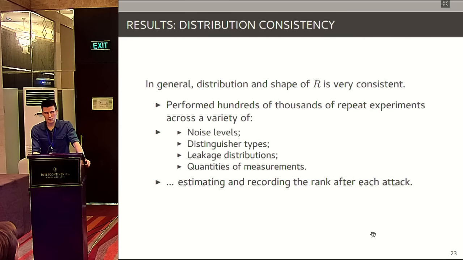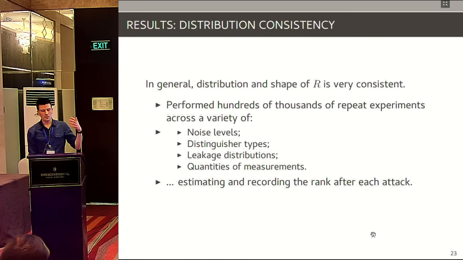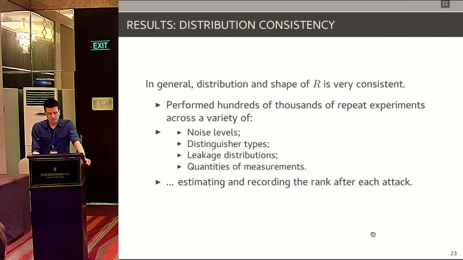If you take attack strategy A, which uses a small number of traces, and attack strategy B, which is less clever but uses more traces, those attacks will produce a very similar looking distribution if they do equally well. So good attacks that produce low ranks produce distributions that look the same, and bad attacks that have high ranks also have distributions that look similar.